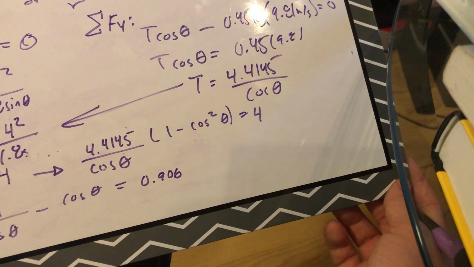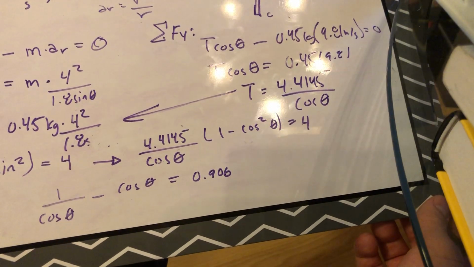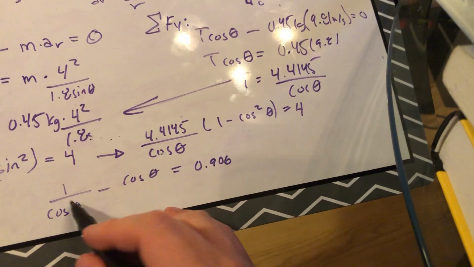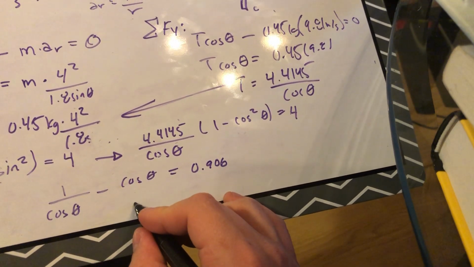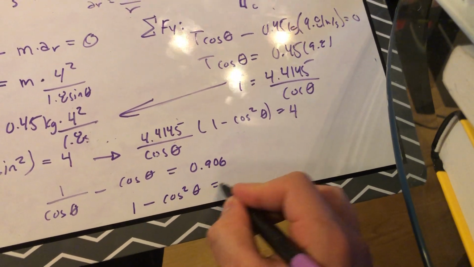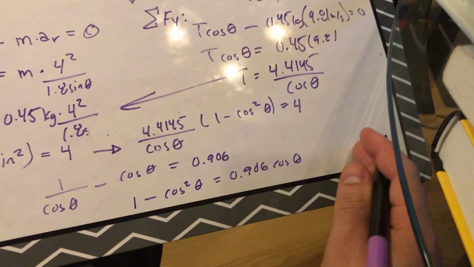And that's not a very happy term now, is it? So let's multiply through by cosine. That goes to 1 minus cosine squared theta equals 0.906 cosine theta.